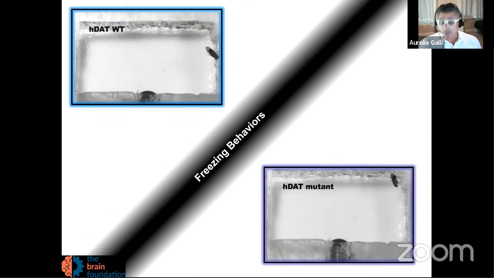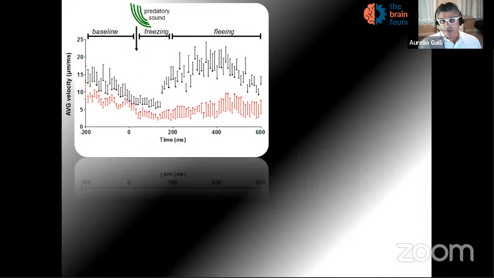And so this is the mutant instead. And you can see that the freezing time of the mutant is much longer than the wild type. You can even notice it by eye. So the mutant moves around. It really doesn't move anymore. Right? So you can quantify this average velocity of the fly every millisecond, right?